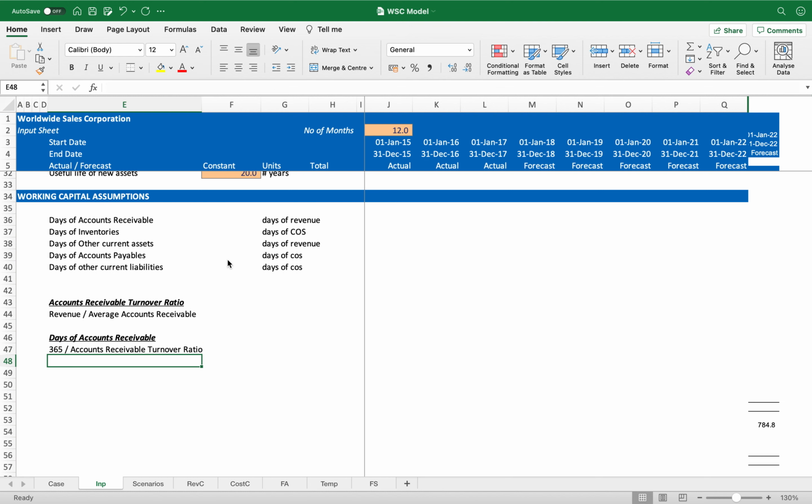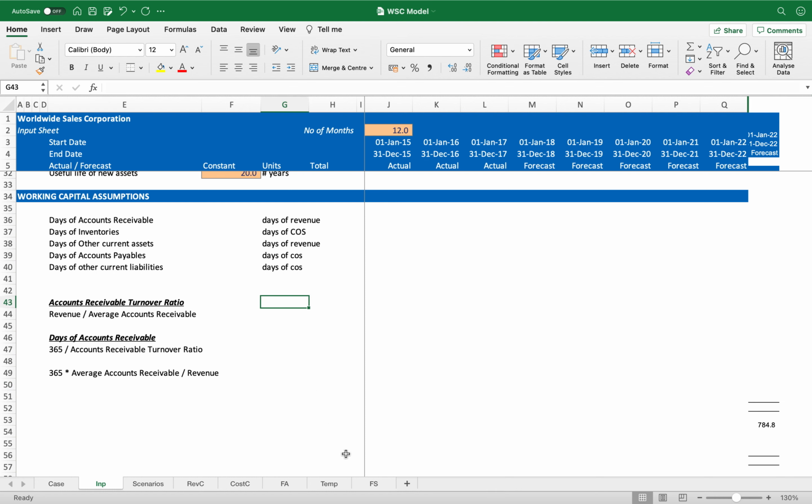So there are two ways to do it. Either you compute the turnover ratio first and then divide 365 by the turnover ratio, or you can do it with a simple formula as well, and this will become 365 multiplied by average accounts receivable divided by revenue, right? This is what the formula will become.